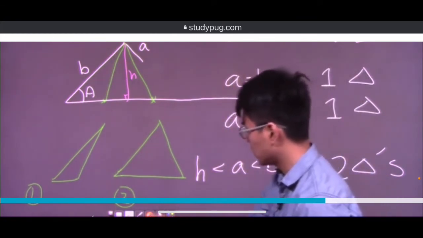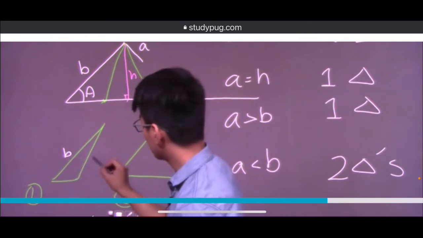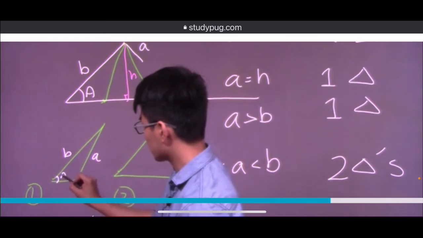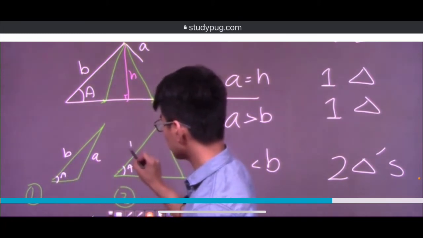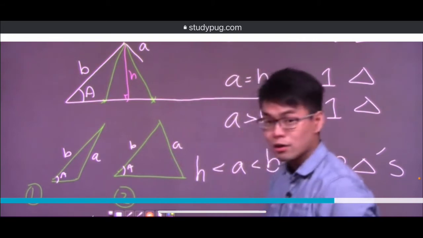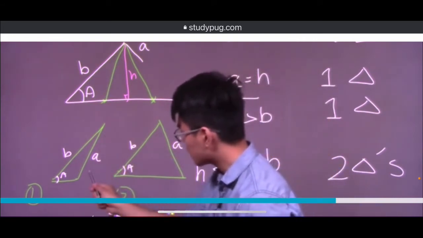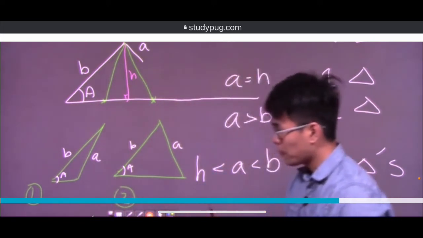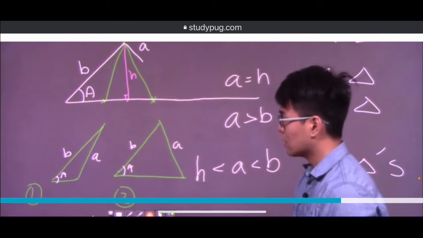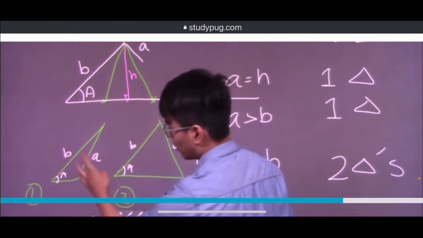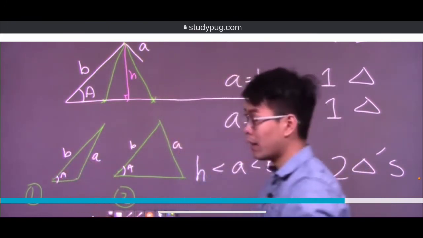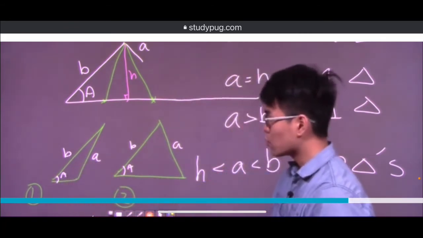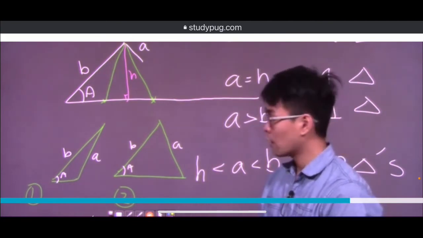Let me label the sides. This is side B. This edge here is side A. And this is the angle that's given to us. We didn't change the size of A. All three quantities, the magnitude of side B, side A and the angle, are given to us in the question.